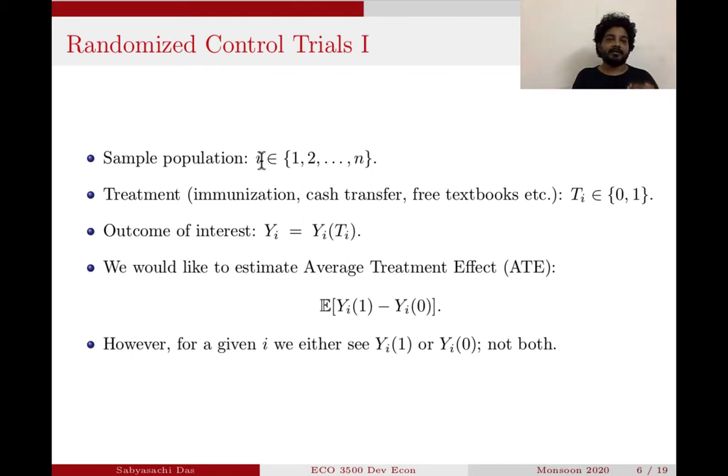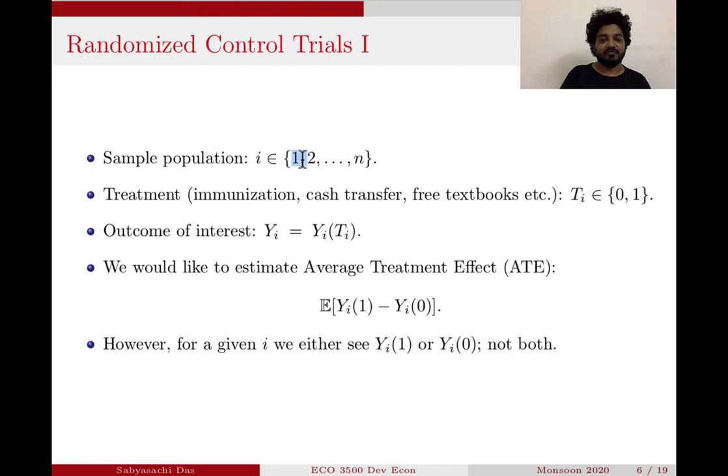If it's a toilet construction treatment, then it's a household. If it's electrification, then it's either a village or a fraction of villages in a district, so these units will be districts. Depending on context, the meaning of these units will vary.